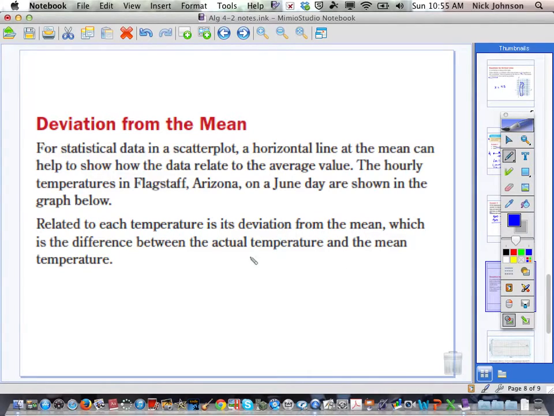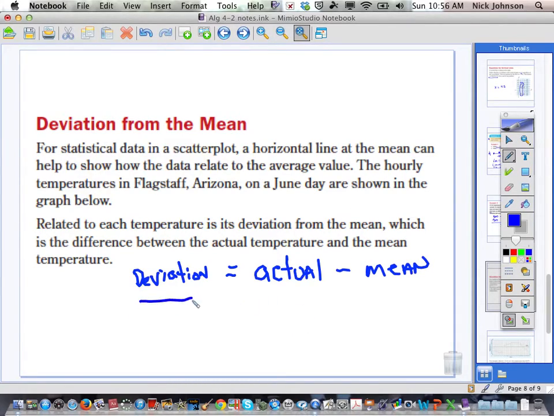Okay? This is what I need you to know. Deviation equals actual, that's what you have right now, minus the mean. That's what you do every single time when dealing with deviation.